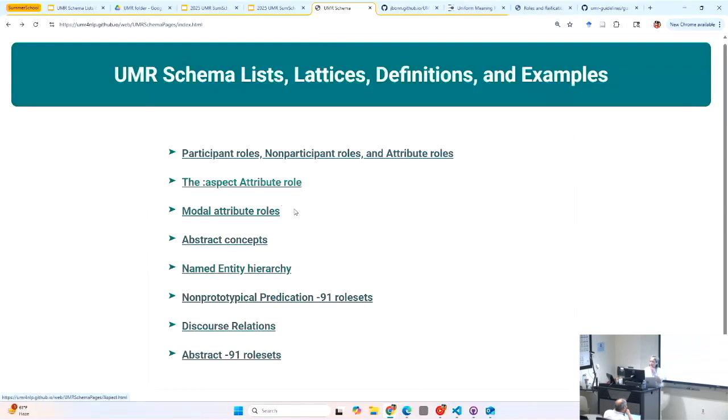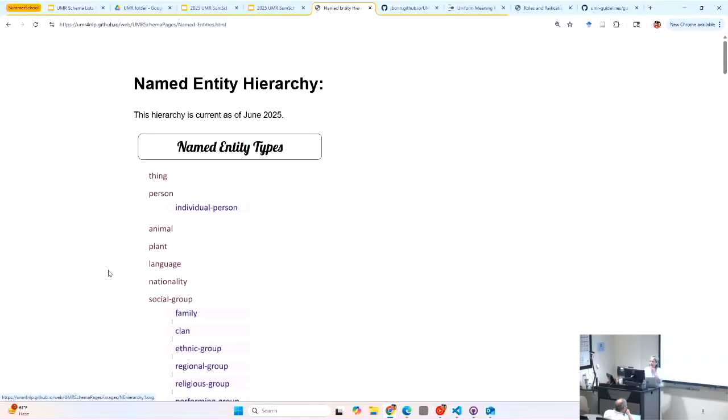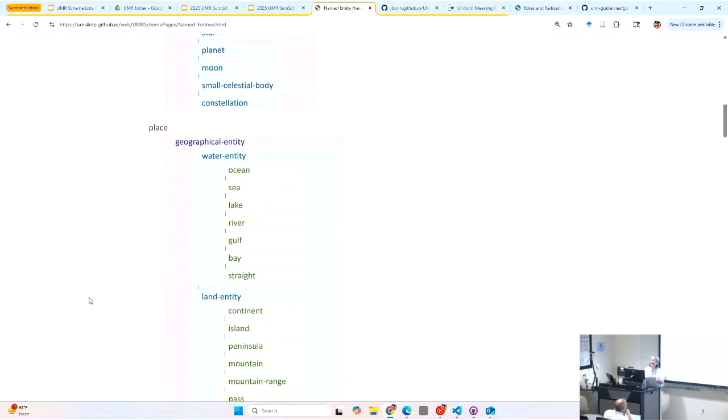What were we looking at? We were looking at the named entity hierarchy. Okay. You said that it can be an event, co-referred to another event. So in terms of the attributes of aspect, would you add the same attribute, the aspectual class of the event?